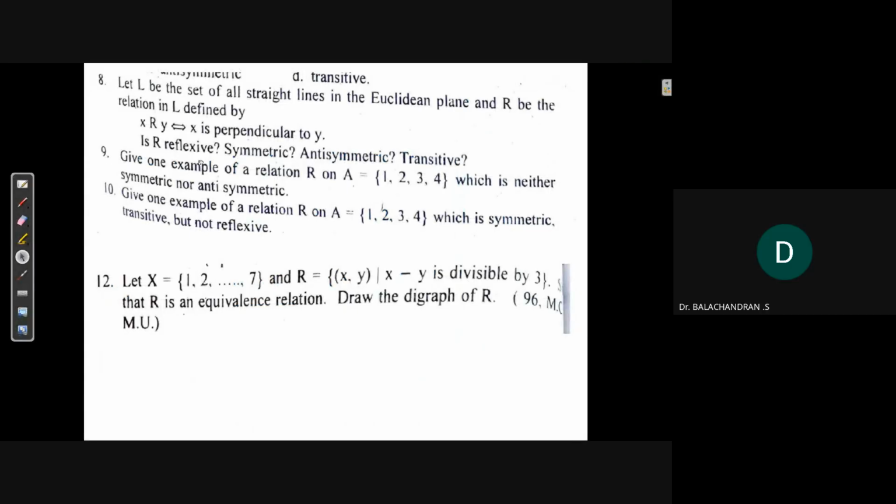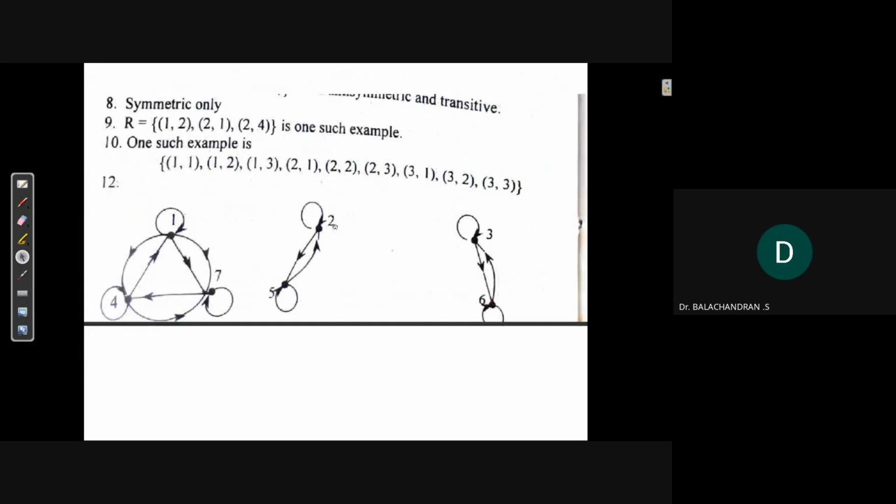Next, give one example of a relation R on A which is neither symmetric nor antisymmetric. Okay, so I will show the answer. I think the ninth one. This is not symmetric.